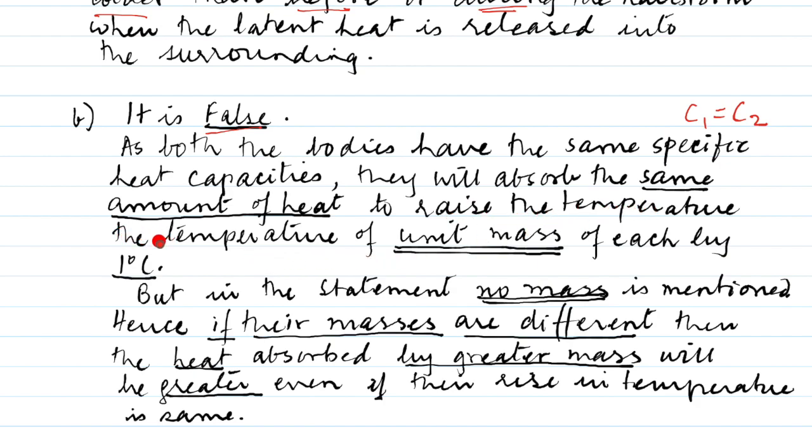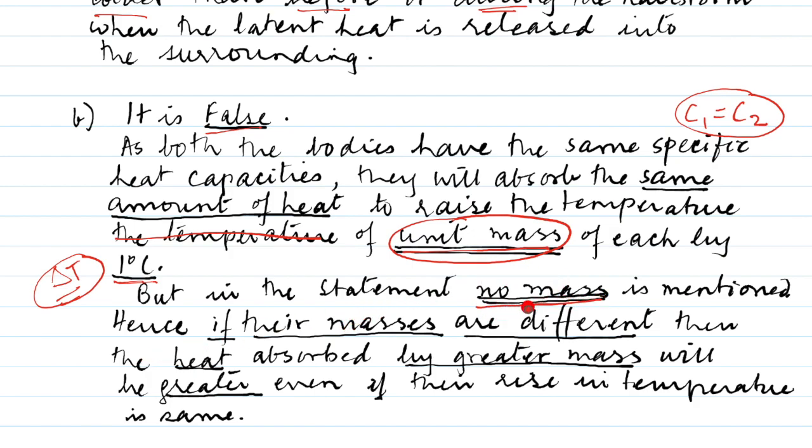I have repeated this, raise the temperature of unit mass of each by 1 degree C. So 1 degree C means your delta T also is the same, correct? Now your SHC talks about the unit mass. What is our statement saying? That the statement is saying that it will always have the same amount of heat absorbed if C1 and C2 are equal and if delta T1 and delta T2 are equal.